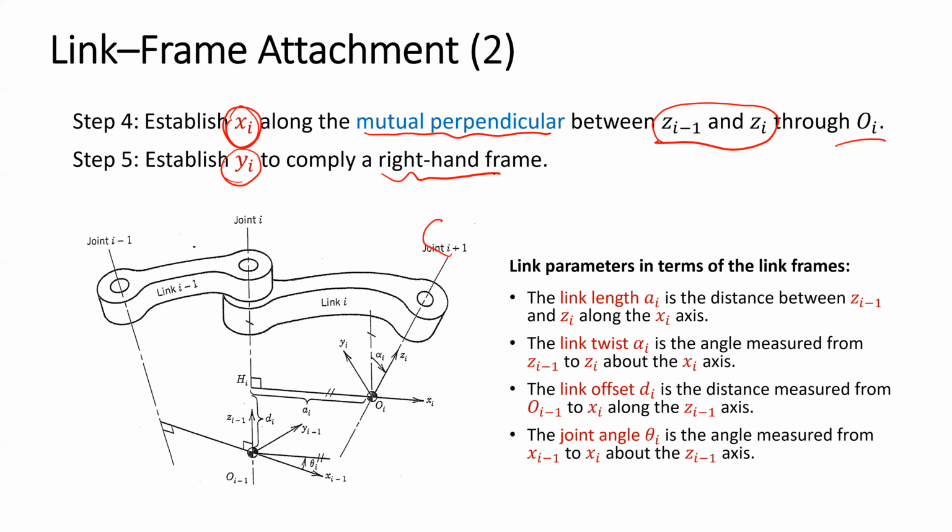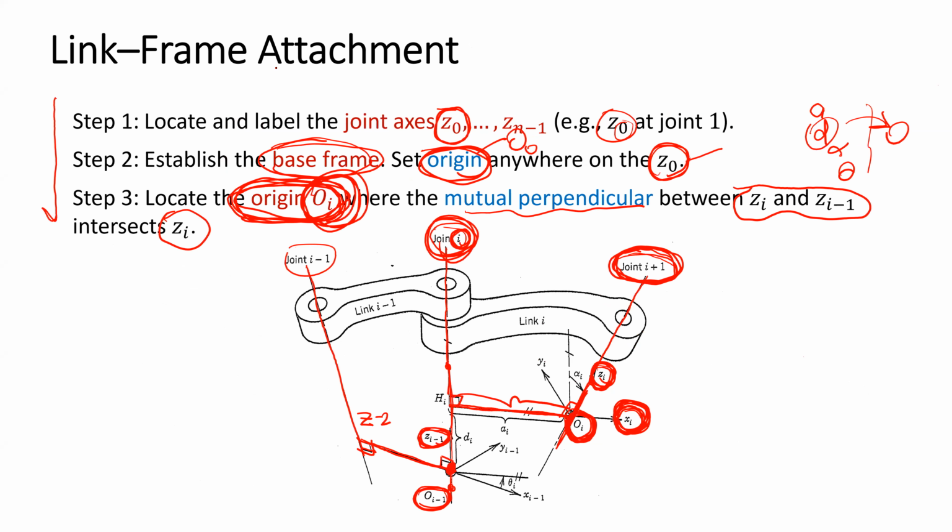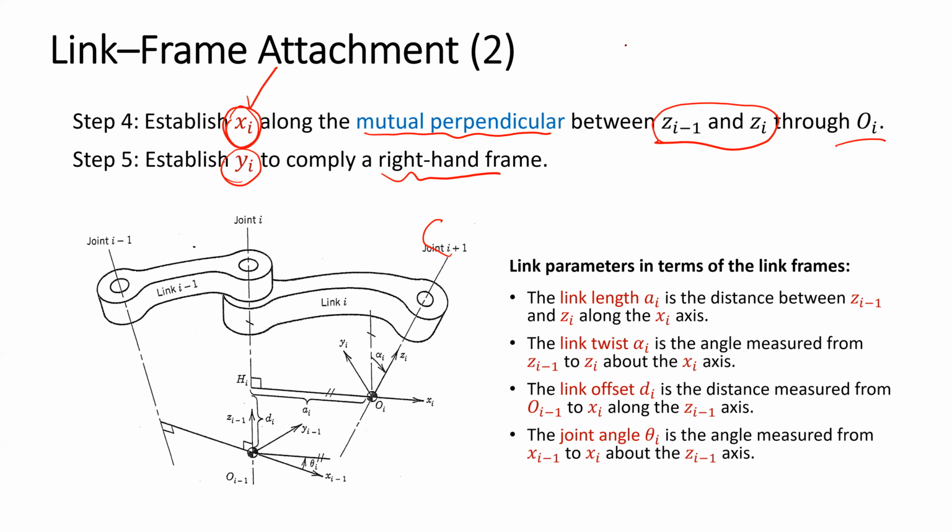Because before this, we know the x direction and we know the z direction, which are the direction of the triangle. The x-axis will be the direction of the mutual perpendicular. For the y-axis, we just need to use the right-hand rule.